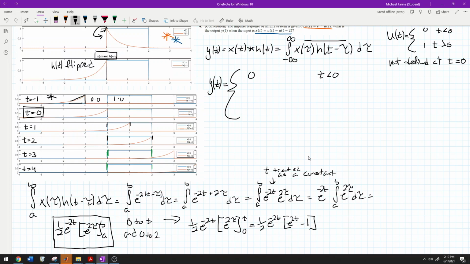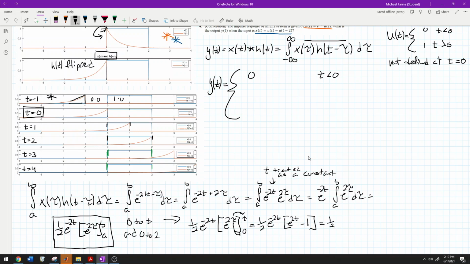Because if we swap out this tau with a t right here, then it just becomes 2t. And if we swap out this tau with a 0, well, 2 times 0 is 0, so we get e to the 0, which is equal to 1.